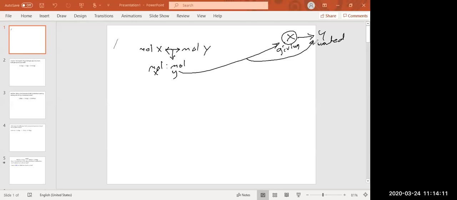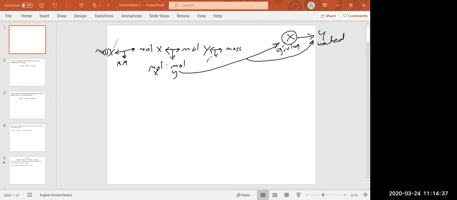Now, sometimes they give you mass of X. You need to convert it to mole of X. How we will convert it to mole? By using the molar mass, the factor that we already practiced with on the previous examples. Okay, sometimes they are asking for mass of Y. How we will go from mole Y to mass of Y?